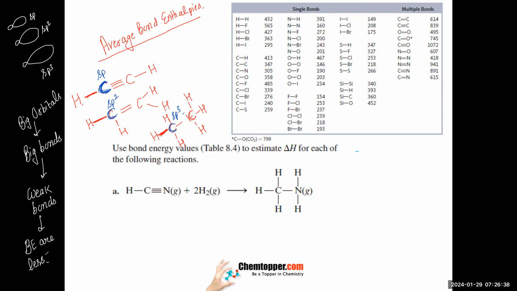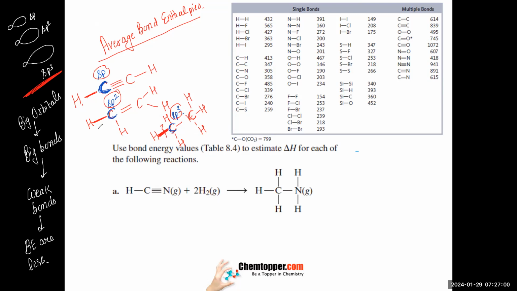Okay, so it means all these carbon hydrogen bonds where the carbon has a different nature, they are not identical. This one is the weakest because this sp3 is the biggest. This big orbital will give you big bond length. It should be easy to break.